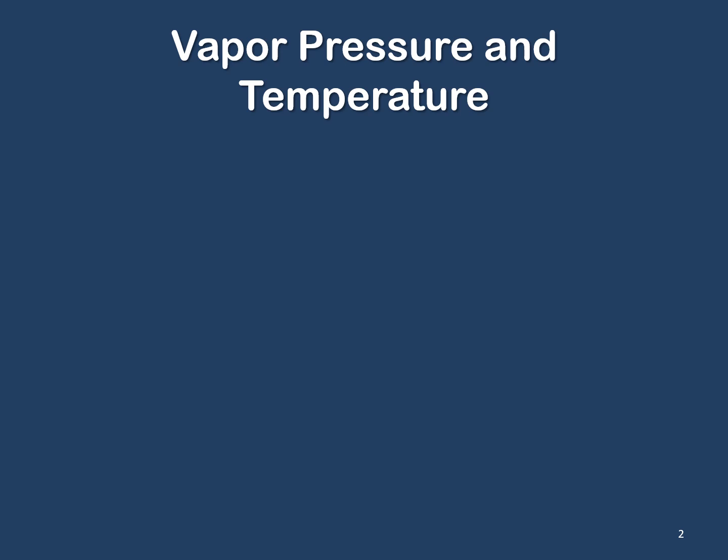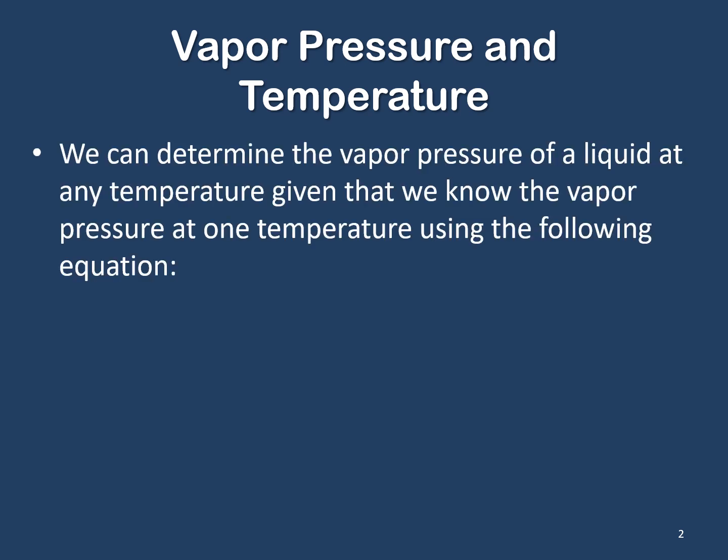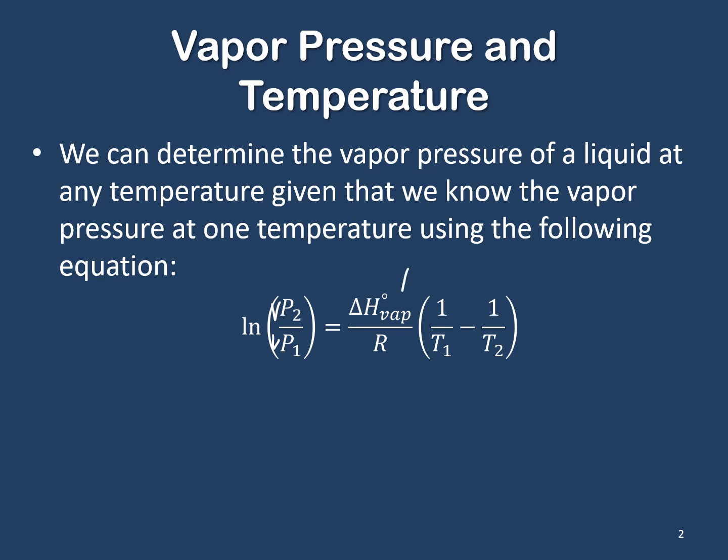So let's look at vapor pressure and temperature a little bit more in depth. We have what's known as the Clausius-Clapeyron equation. In this equation, we can think of these as vapor pressures, but I just have them labeled as P1 and P2. It allows us to calculate what the vapor pressure will be at one temperature if we know it at another temperature, and we know the delta H of vaporization, or the heat of vaporization.